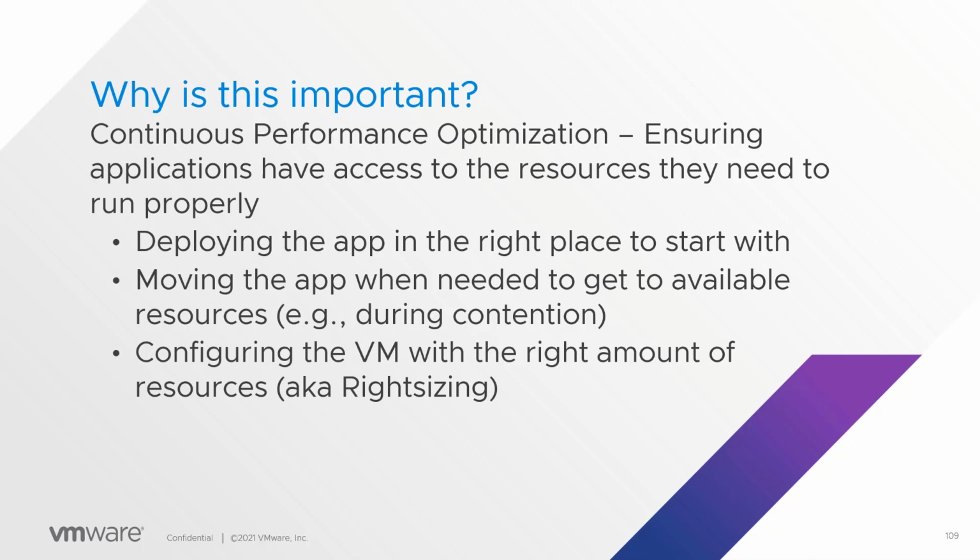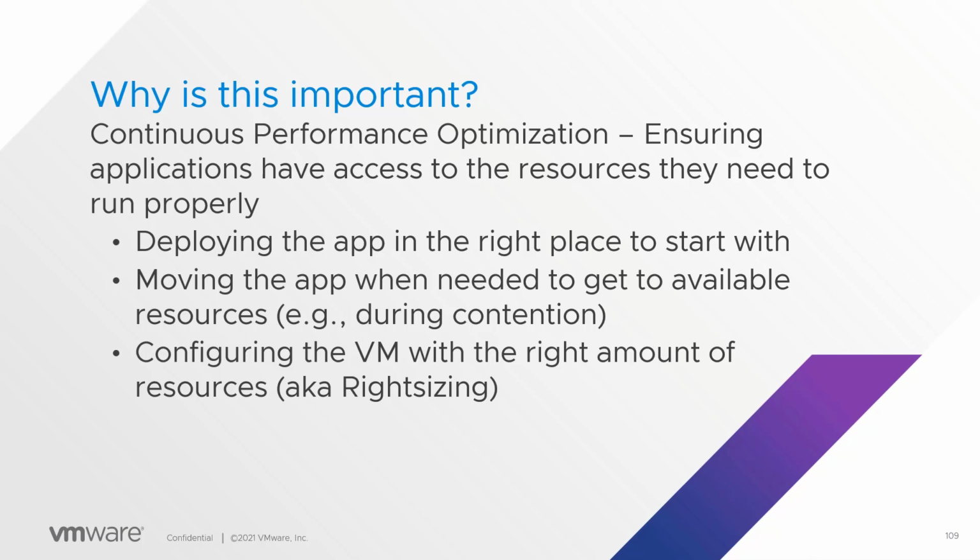So if we've got a lot of contention on a host or a cluster, how do we pick that application up and move it somewhere else where it can get them? But it's also configuring the VM to have the right necessary RAM and CPU requirements, maybe even reservations associated with it so that it can get a hold of those resources when it needs them. And that would be under the right sizing piece, if you will.